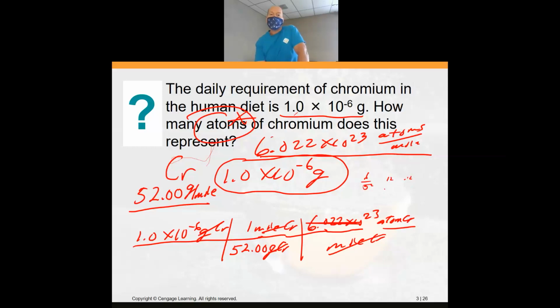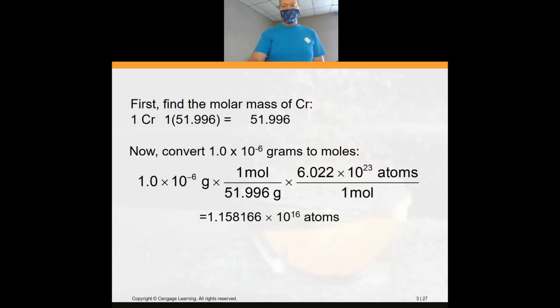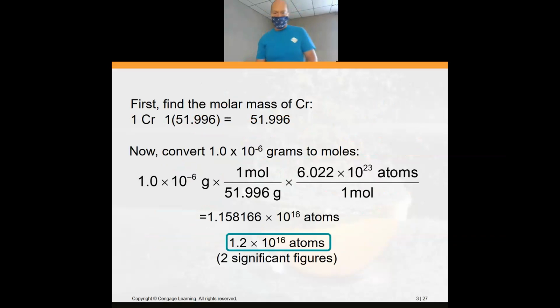I'm going to guess 1.2 times 10 to the 16. My quick math is 1.2 times 10 to the 16 atoms. What do we got? 1.2 times 10 to the 16 atoms. That is correct.